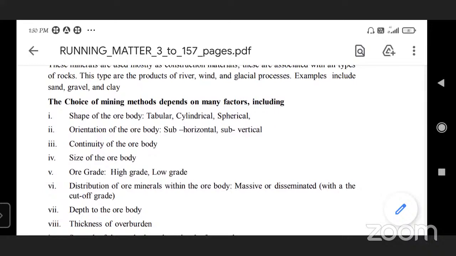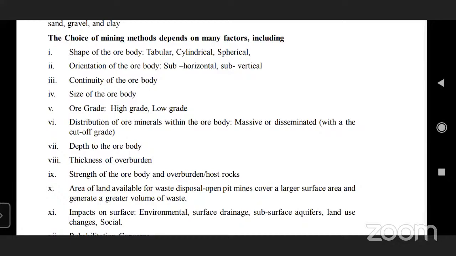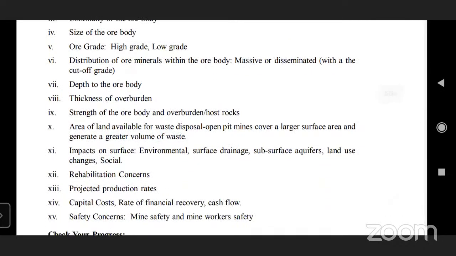All these factors represent the way of mining operation or the mining method which you would like to opt for extraction: shape of the ore body, orientation of the ore body, continuity of the ore body, size of the ore body, ore grade, high grade or low grade, distribution of the minerals within the ore body, depth of the ore body, thickness of overburden, strength of the ore body and overburden, area of land available, and impacts on surface, meaning environmental rehabilitation concerns, projected production rates, capital costs, rate of financial recovery and cash flow, safety concerns, mostly mine safety and mine worker safety.